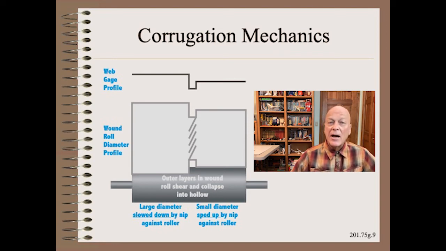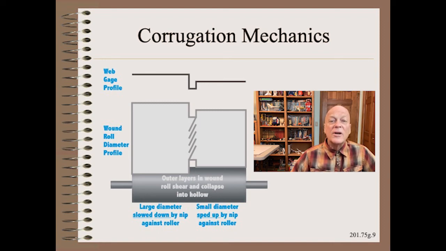My 5,000 Web 101 students will immediately know why. The wound roll diameter profile takes the same approximate shape as the thickness profile. This sets up the wound roll for a fight with the nip roller, which wants to slow down the layers at the large caliper diameter section on the left and simultaneously speed up the layers on the right.